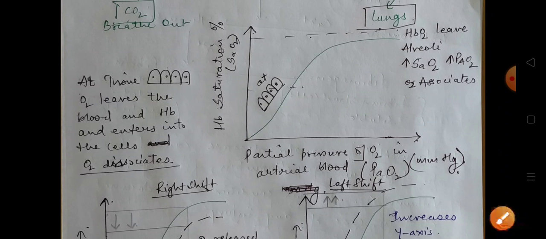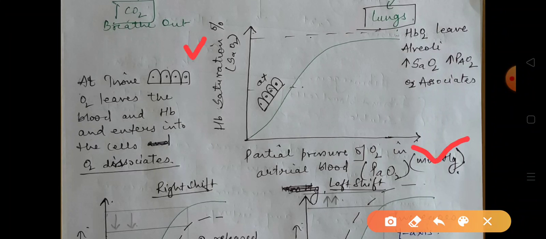So for the oxygen dissociation curve we plot a graph between the saturation of hemoglobin and the partial pressure of oxygen in the arterial blood. So we denote it as SaO2 and PaO2, that is saturation of oxygen in the arteries and partial pressure of oxygen in the arteries. Hemoglobin is saturated in the arteries.